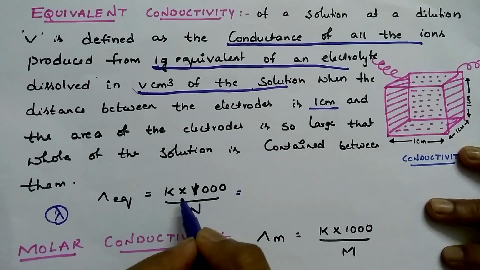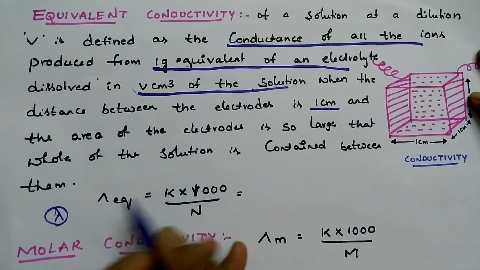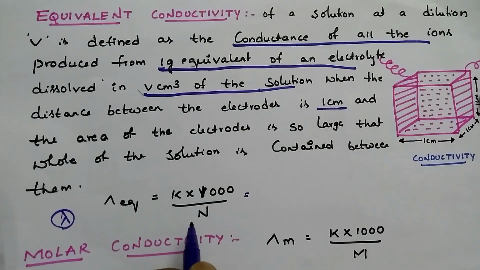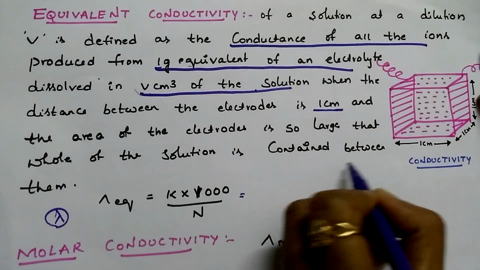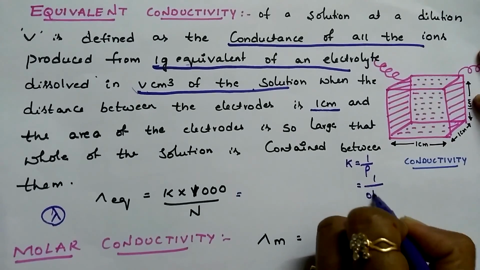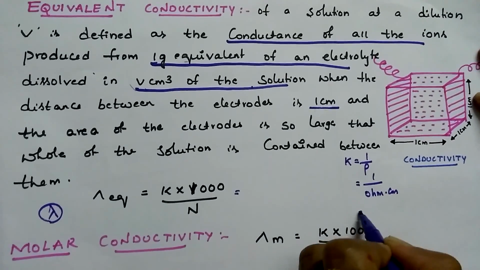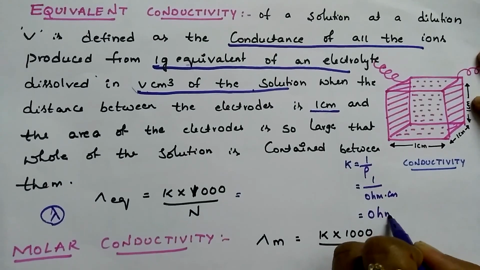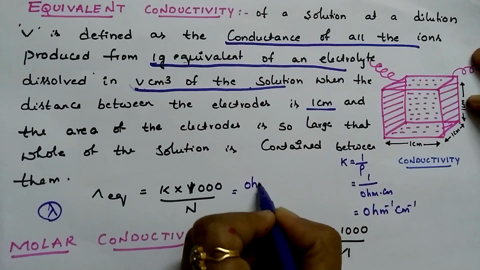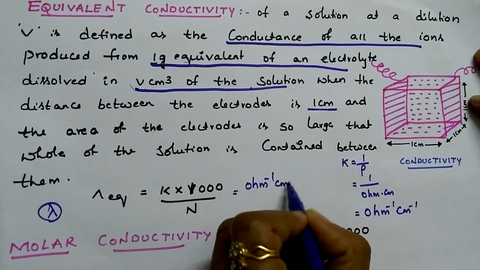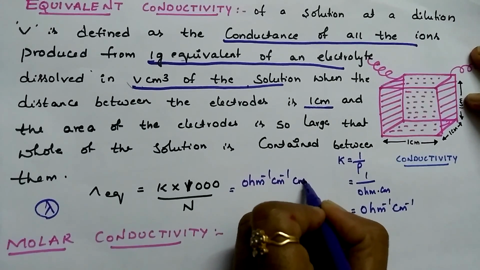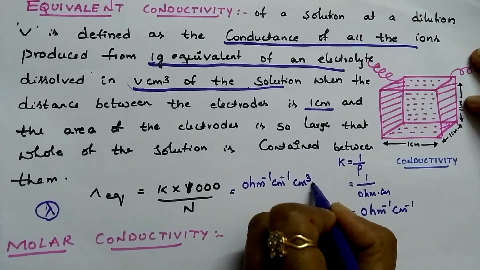Let us write the units for equivalent conductivity. K units we already found. What is the units of K? K is equal to 1 by rho, we wrote. 1 by rho unit is ohm centimeter inverse. So K units we got ohm inverse centimeter inverse. Write that, and 1000, this is the volume, centimeter cube per liter.